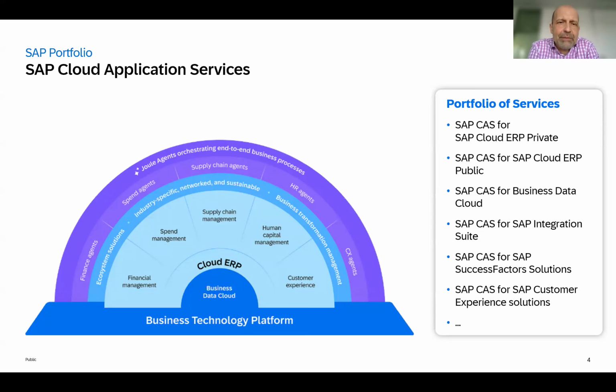All this stuff can be supported by Cloud Application Services. And on the right side, you can see our portfolio, which is only a part of the full portfolio, but the main offerings are listed here. As already said, we will have then a little bit a deeper look into the different flavors like Cloud ERP Private, or for example, also the Business Data Cloud.